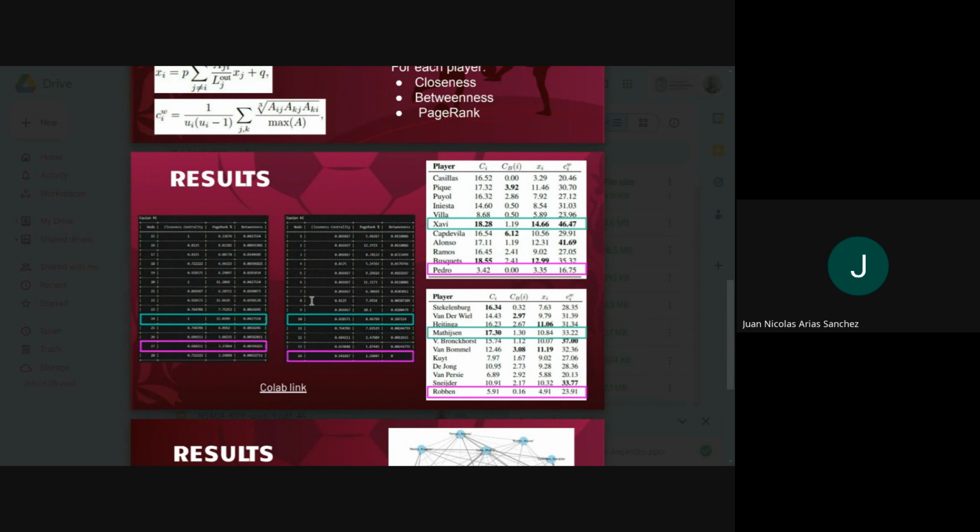We see the page rank in team one, node 24 has the highest value, which is the player Luka Modric. And in team two, the highest page rank is node 2, who is supposed to be Sergio Busquets.